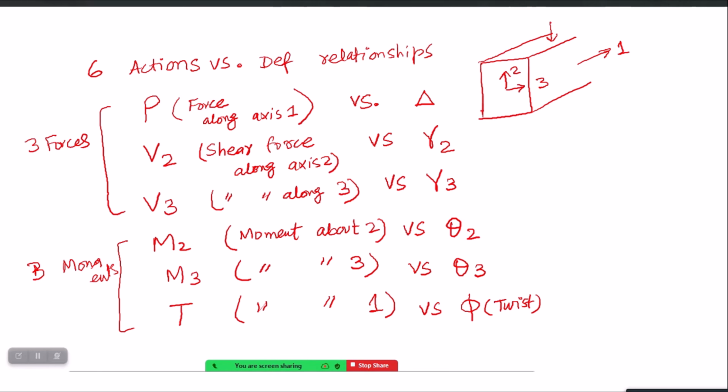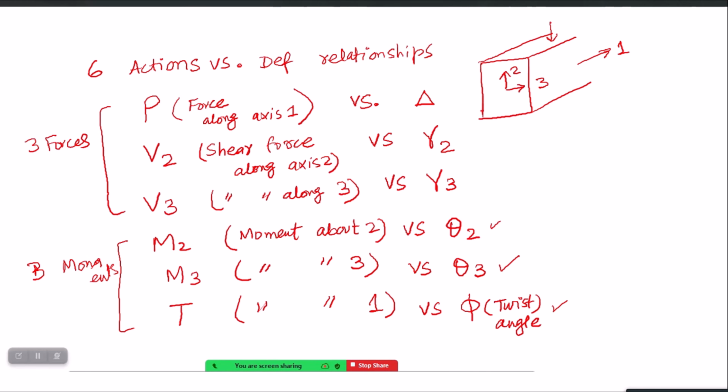Sometimes in different textbooks the curvature is also represented by this symbol phi, but we are calling it as twist or twist angle. How much the cross section is rotated about the axis 1. So this is the rotation about axis 2, rotation about axis 3, and rotation about axis 1.